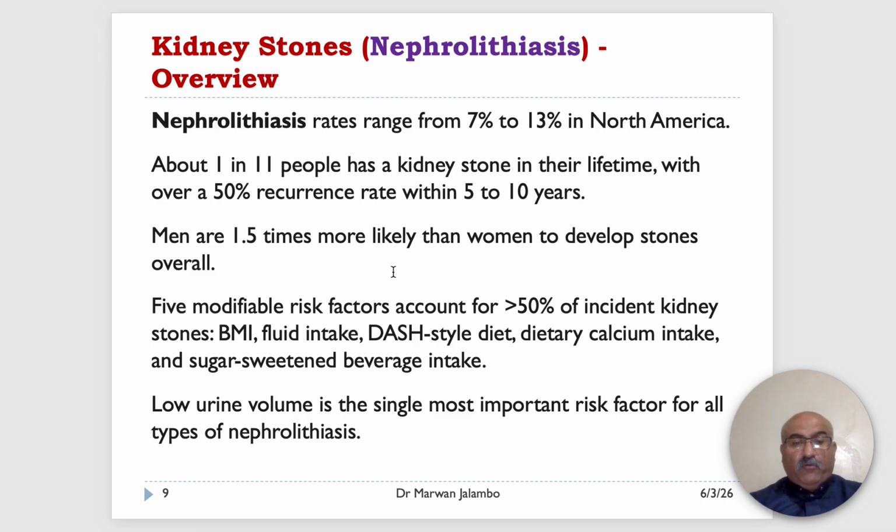The single most important risk factor across all types of stone is low urine volume.